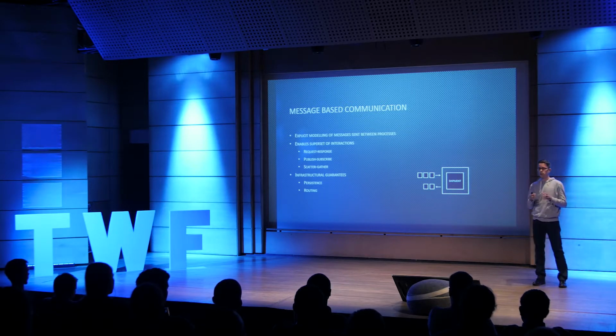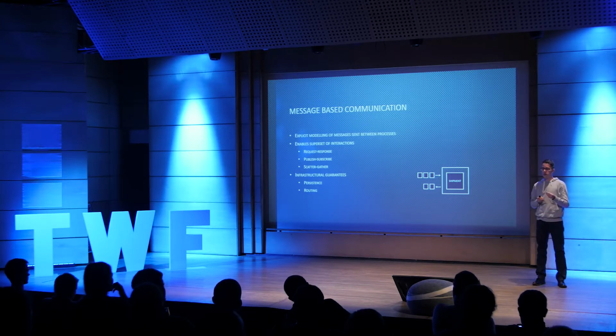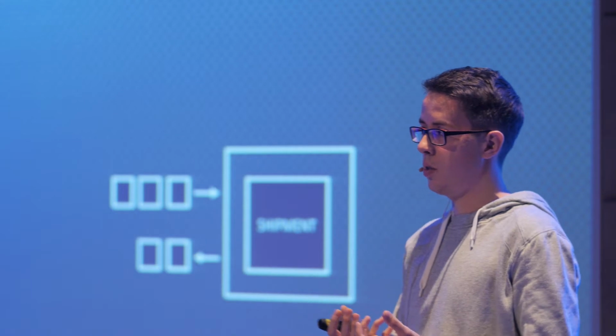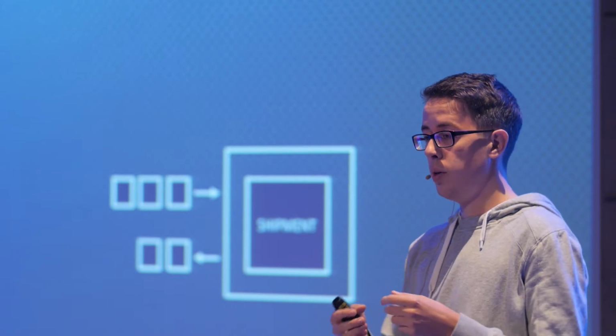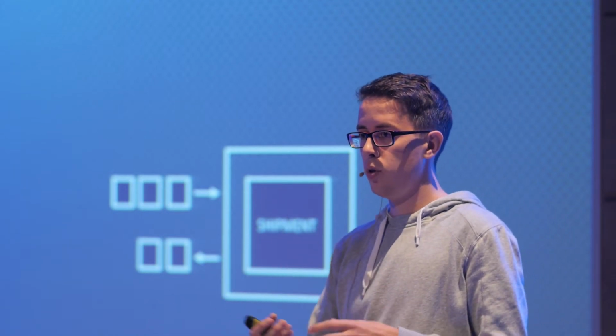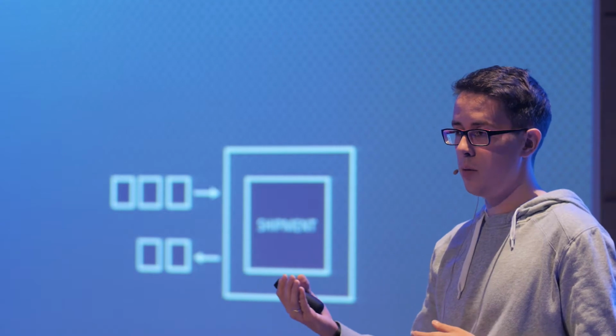What is even more interesting is that when you stop treating communication as a magic black box and start thinking about the messages, you can think about the channel that the message travels through as an infrastructure that can give you guarantees. Those guarantees might be, for instance, persistence. You might be able to send a message that will be persisted and delivered to the other process, even if it's not available right now, but will become available after some time.